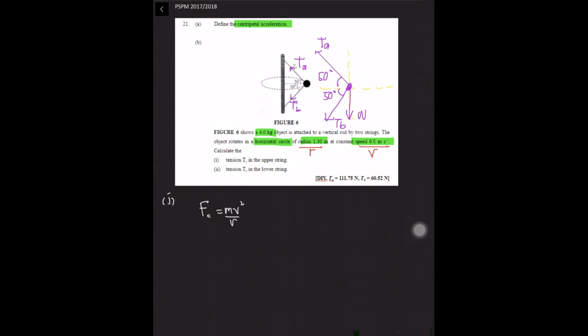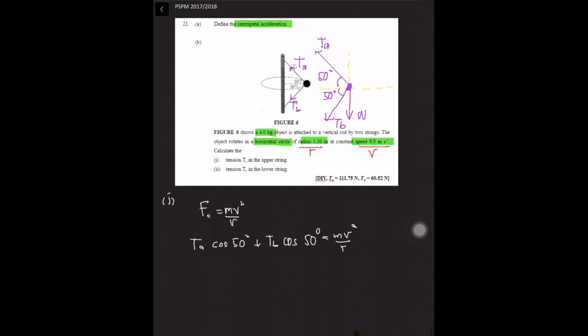The forces that contribute to centripetal force are along the x component. So in the x component, we have TA cos 50 degrees plus TB cos 50 degrees is equal to mv squared over r.